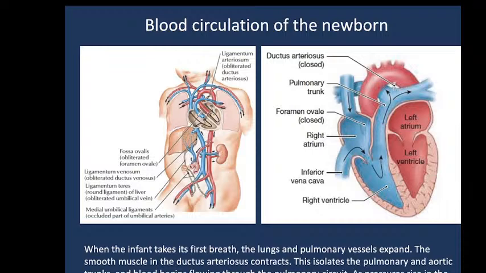It is the beginning of circulation in the pulmonary circuit, the small circuit. The blood comes into the lungs, and there is an exchange: oxygen comes into the blood, carbon dioxide comes out, and this is the typical circulation for adults.